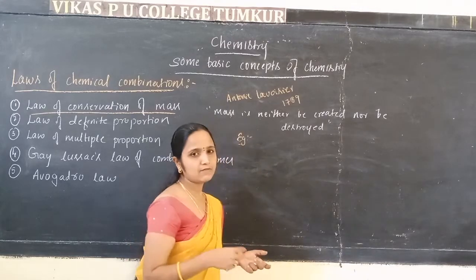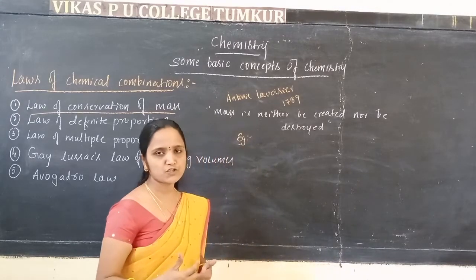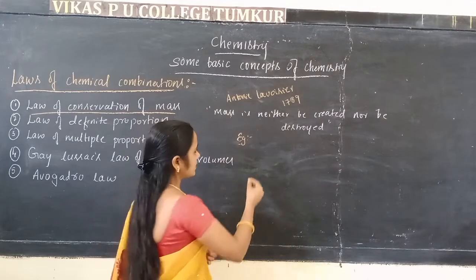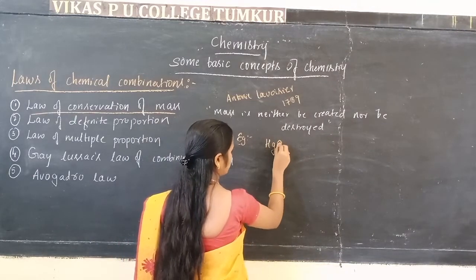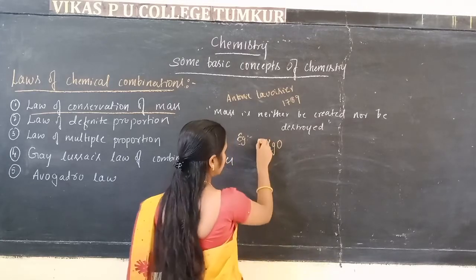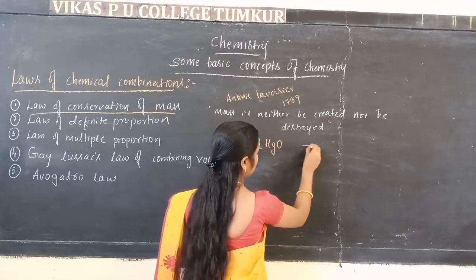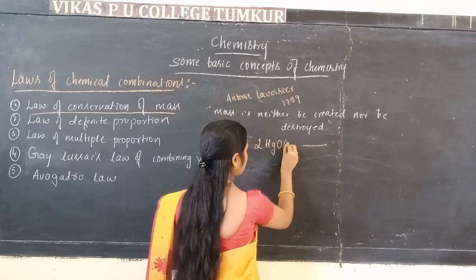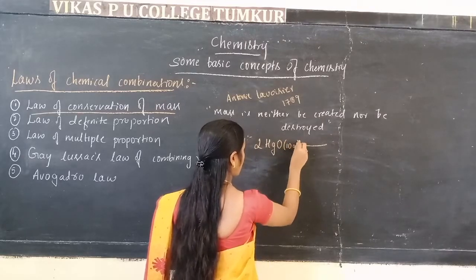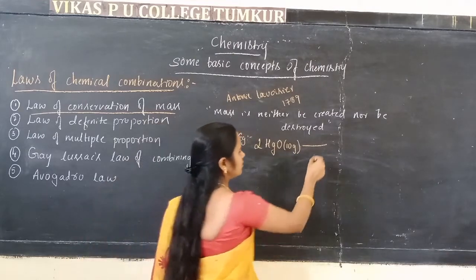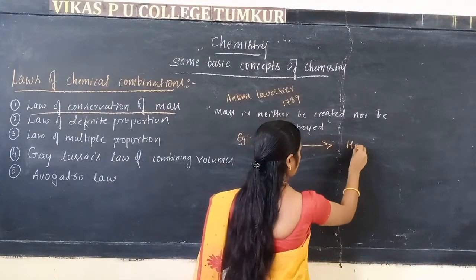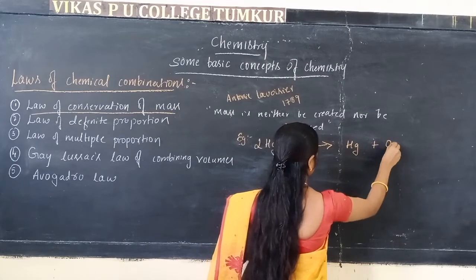We will see one chemical reaction, the decomposition of mercuric oxide, HgO. This undergoes decomposition. Suppose 10 gram of mercuric oxide is decomposed into mercury and oxygen.